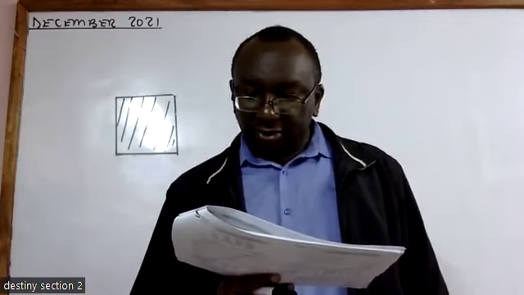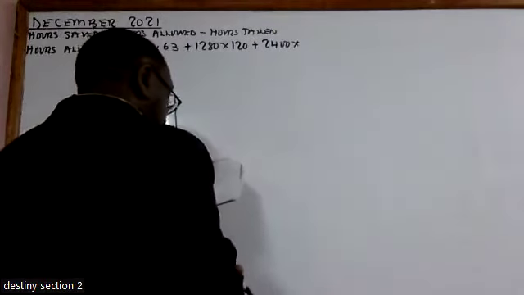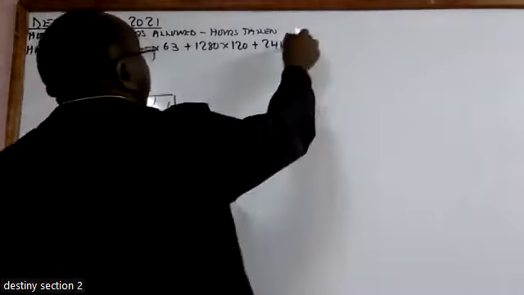So the hours earned is supposed to be 640 times 63, plus 1280 times 120, plus 2400 times 100.